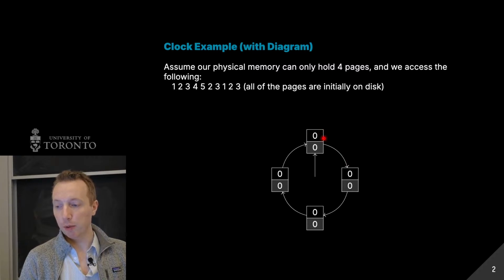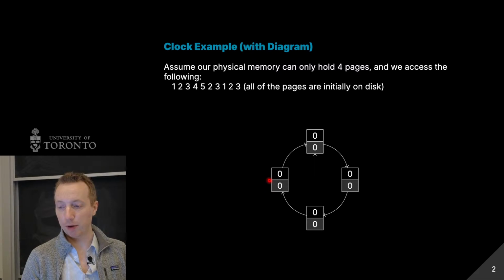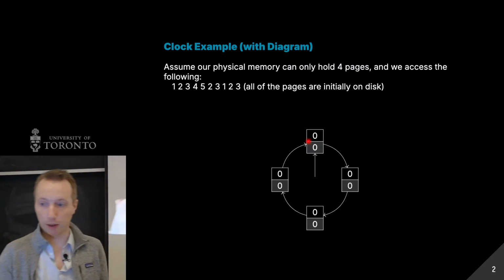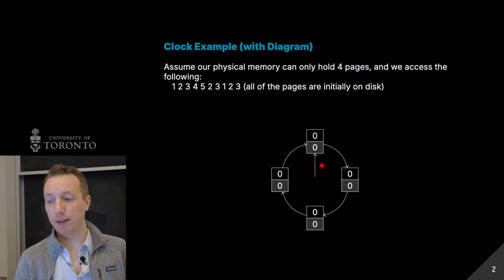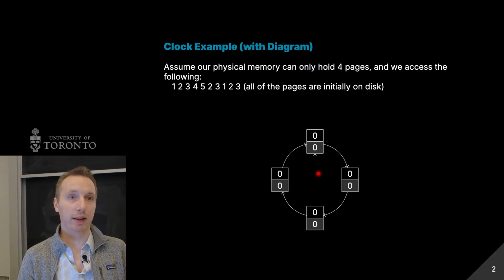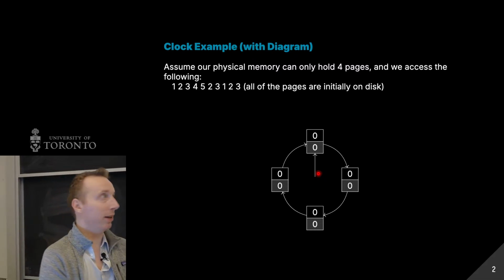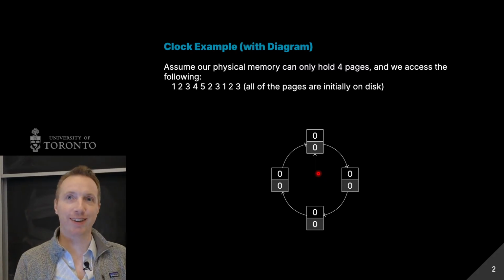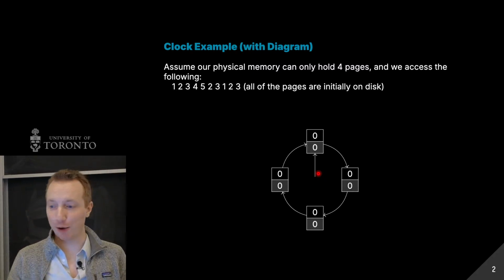So the first reference points to the second, points to the third, points to the fourth, and then that points back to the first reference. So it is a circular list of pages with a reference bit. And then this little thing is the hand. That is the current element we're pointing in. And if you use your imagination, it looks like a clock. That's why it's called the clock algorithm.